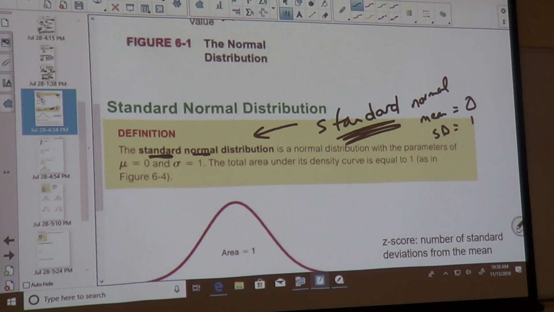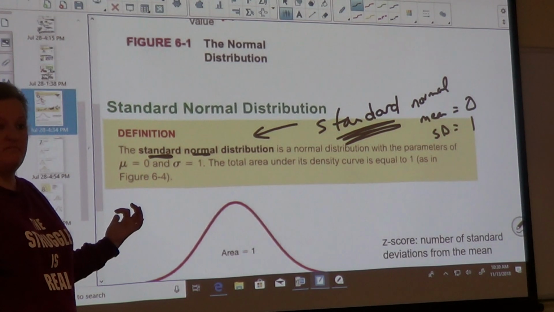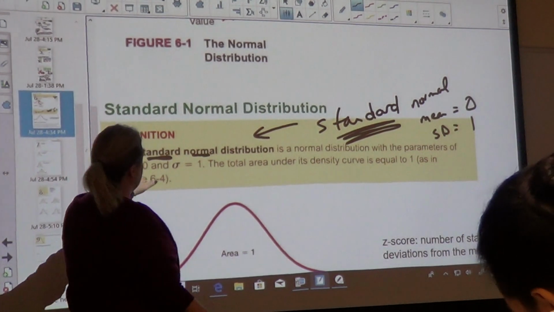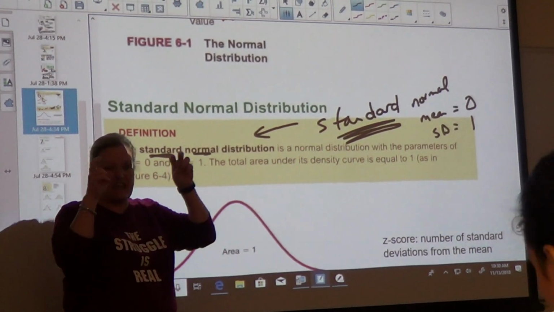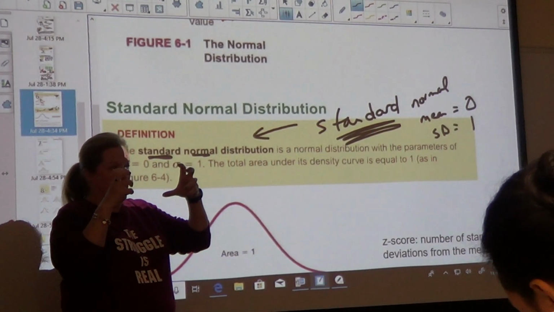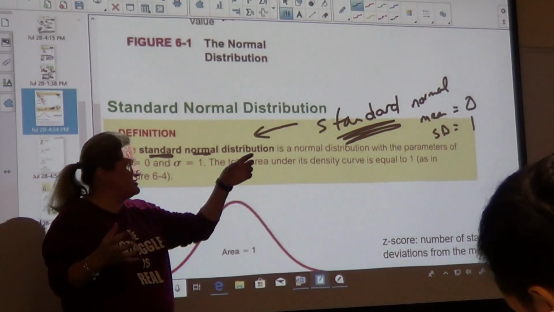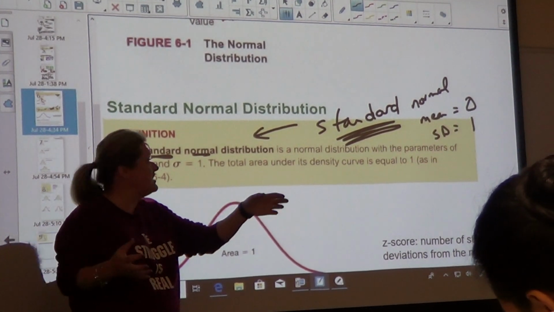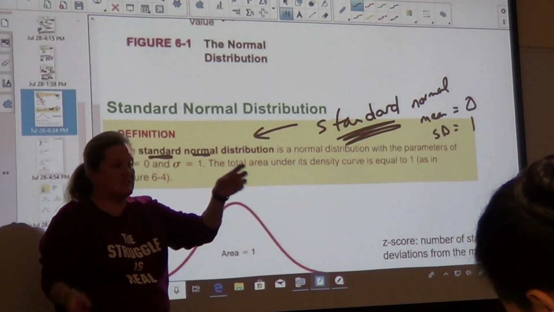Your standard deviation is always equal to 1. Period. So your mean is 0, your standard deviation is 1. Your mean's not going to be 100, your mean's not going to be 450, your mean's not going to be 1,000, your standard deviation's not going to be 2.6. Your mean's going to be 0, your standard deviation's going to be 1. This is normal.